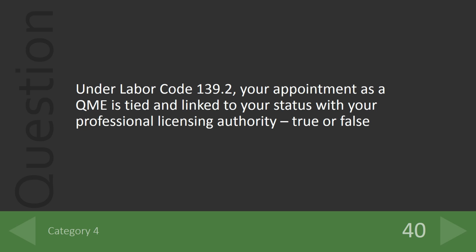But if you're a psychologist or a medical doctor or an osteopath, you have your own professional licensing authority. So should our appointment as a QME be related to our status as, in my case, a chiropractor, or in your case, a psychologist? Should it be tied and linked, or should they be separate and unlinked?